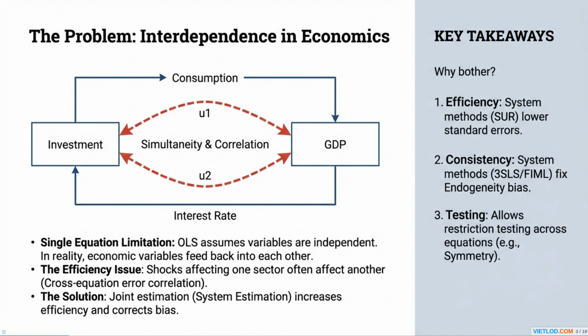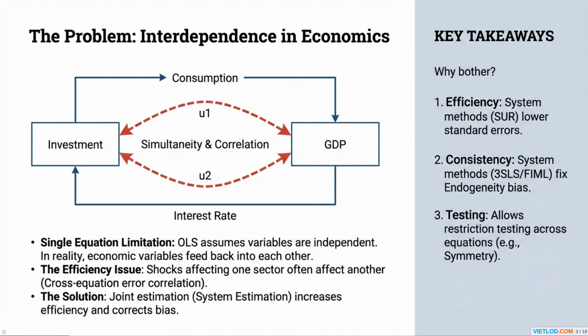Unlike the assumption of independent variables made by ordinary least squares, or OLS, economic variables often exhibit complex feedback loops and simultaneous relationships. For example, investment influences GDP, and a higher GDP can then stimulate further investment. This creates a situation of simultaneity and correlation, indicated by the error terms U1 and U2 in the diagram.